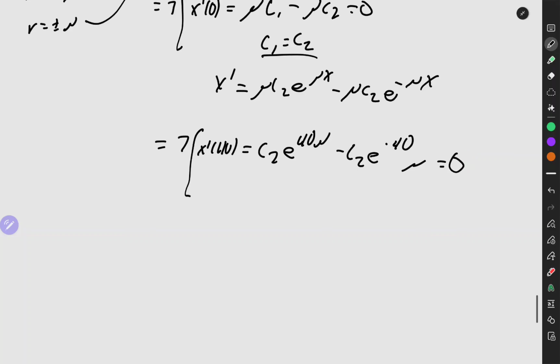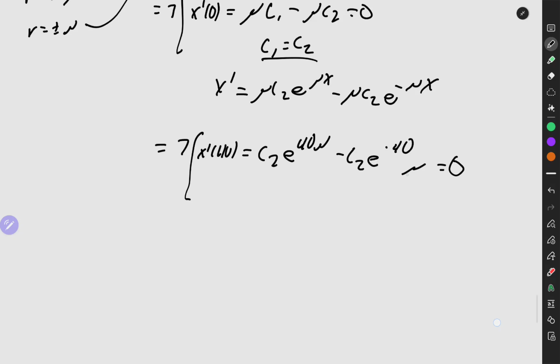So then we need, oh, I forgot the mu. Mu. So for this one, you can see here that C2, we don't know what that would be, so we want to look at this portion here, and we have to think what would make this 0.